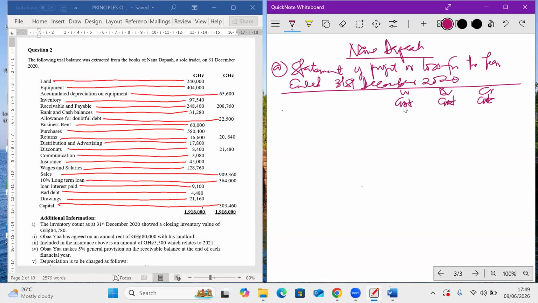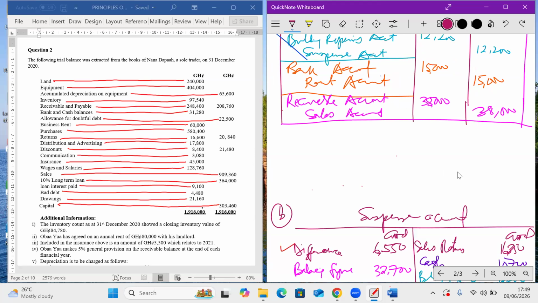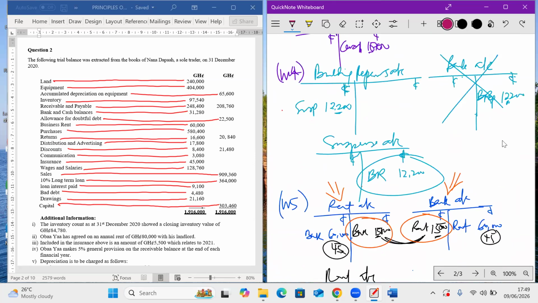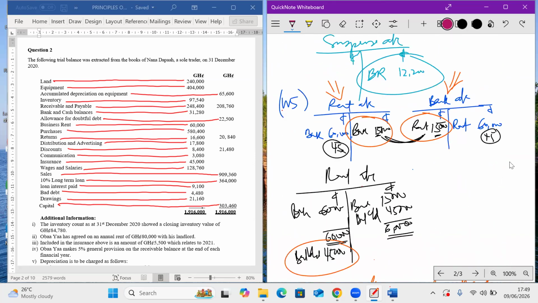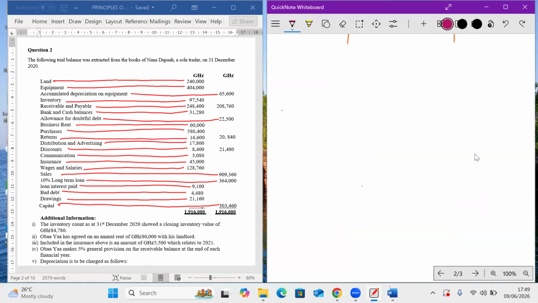Okay, so this is what we are going to do. Pay attention. We are going to prepare 3 levels of profits. Have you posted in the group that you are preparing income statements?